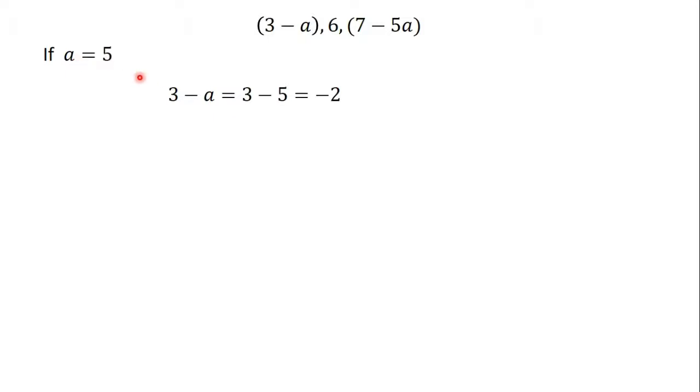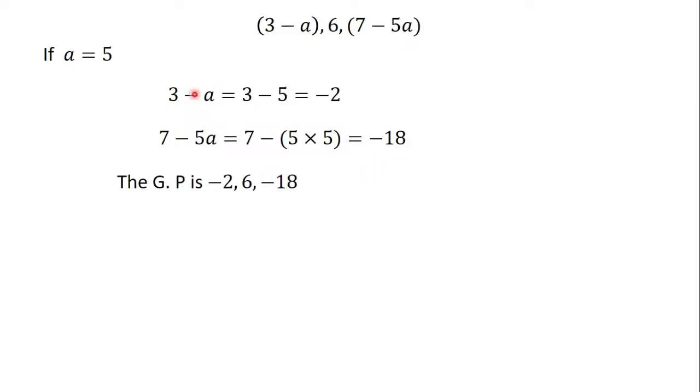If a is equal to 5, the last term of the GP, which is 7 minus 5a, will be equal to 7 minus 5 times 5, because a is now 5. 5 times 5 will give us 25. And 7 minus 25 will give us minus 18.